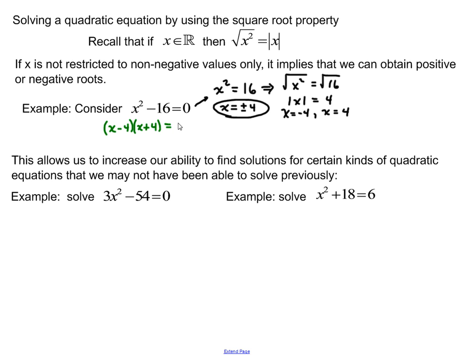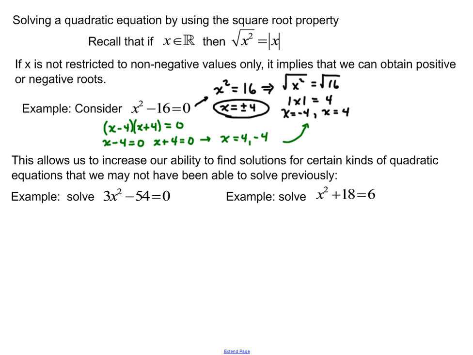And by setting both of those factors equal to 0 and solving for x, lo and behold, we get the same solution set over again, where x minus 4 is equal to 0 and x plus 4 is equal to 0, implies that x is equal to 4 or negative 4 as our two solutions, which is exactly what we found above here. So it sort of verifies our property using the square root.